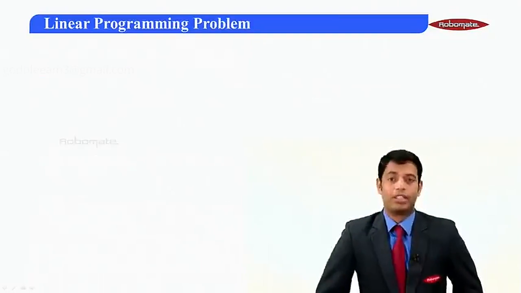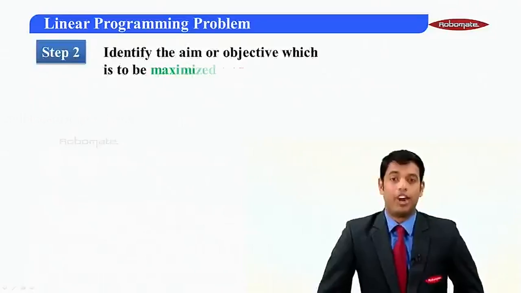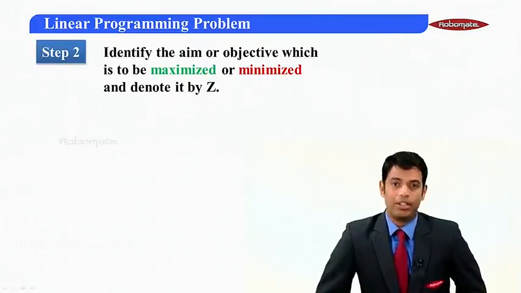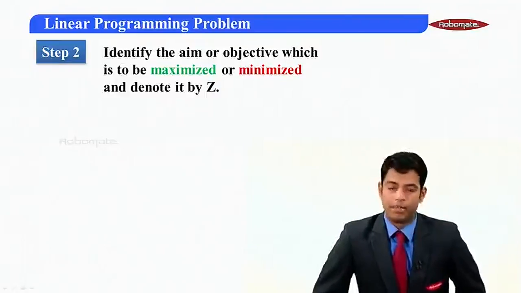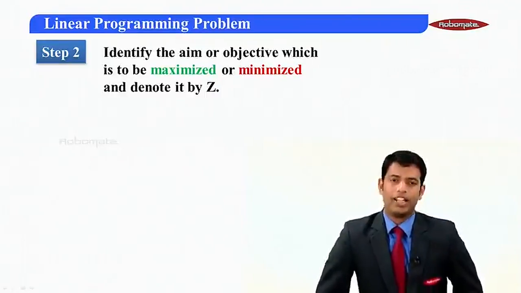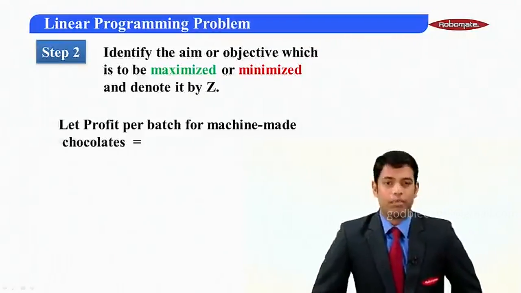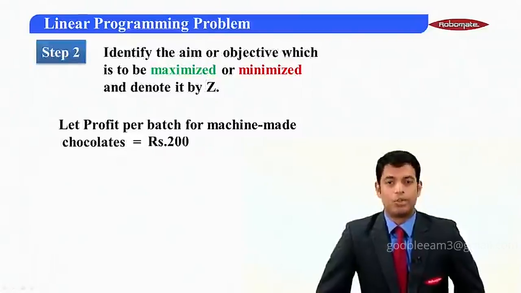The next step deals with calculating the objective function, that is, identify the aim or objective which we need to maximize or minimize and denote it by some capital letter Z. Now consider that profit per batch for machine-made chocolates is rupees 200.